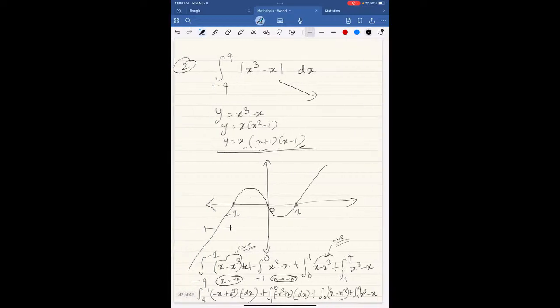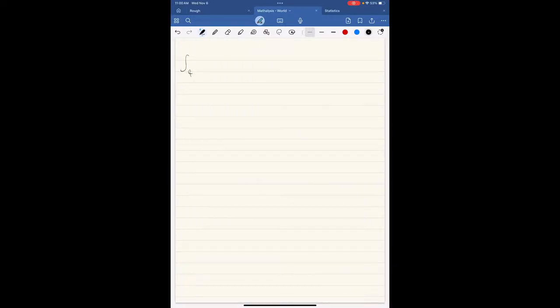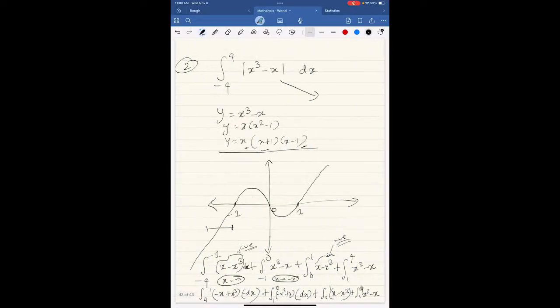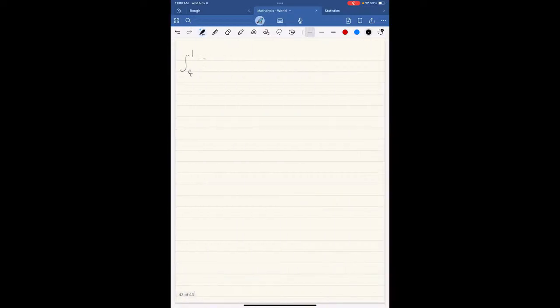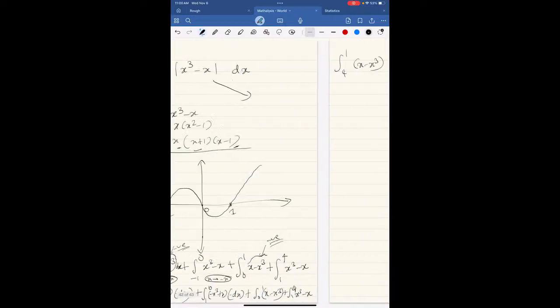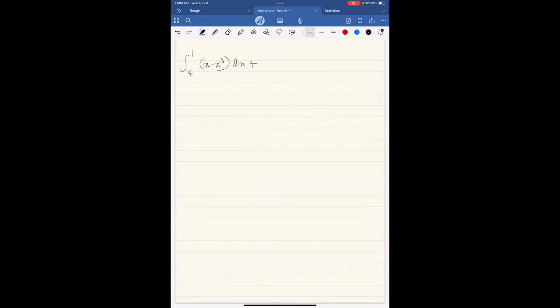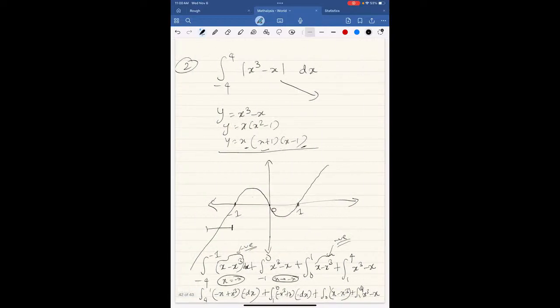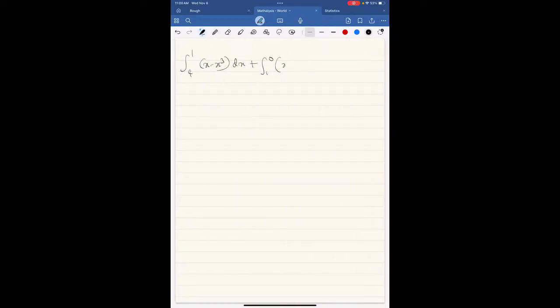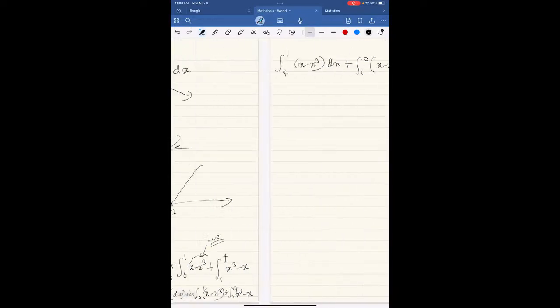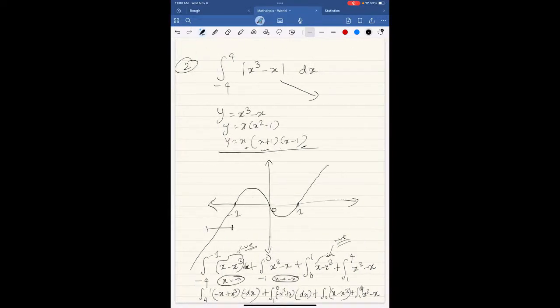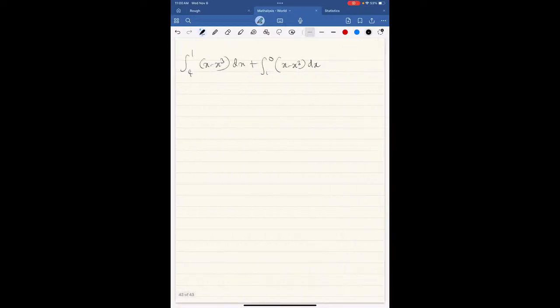So now this is integral from 4 to 1 of x minus x cube, and then dx, plus integral from 1 to 0 of, this is also x minus x cube dx, right? Okay, wait, this is not, this is x cube minus x, sorry, x cube minus x.